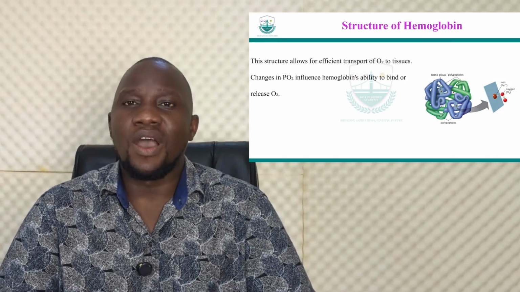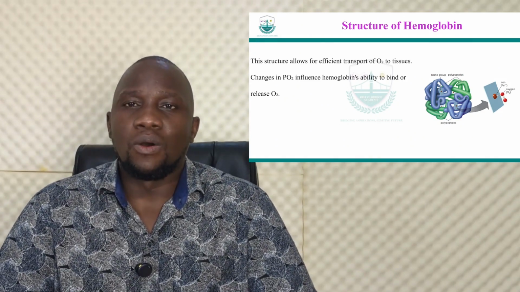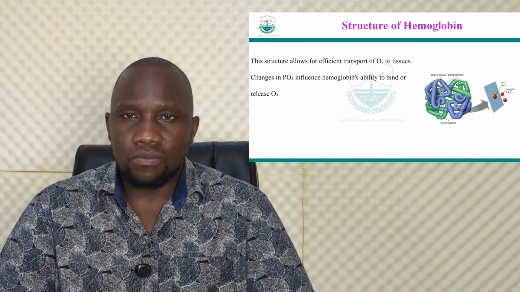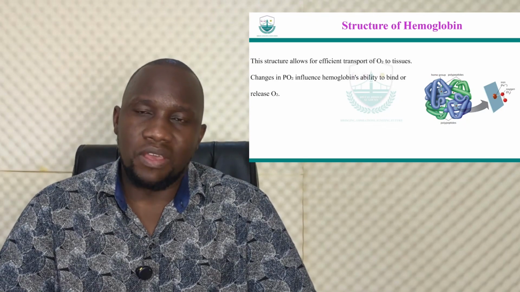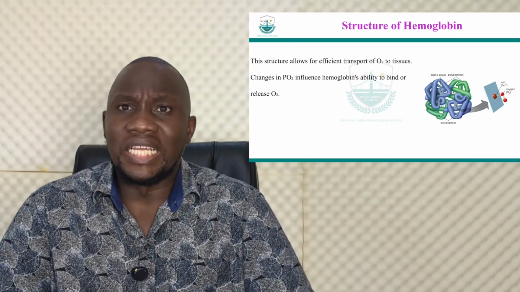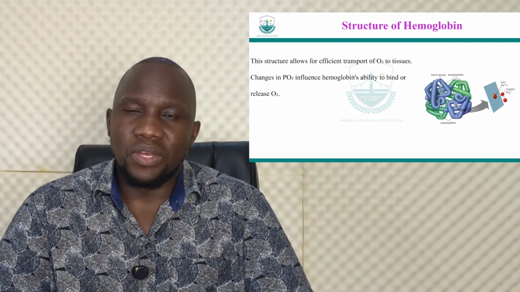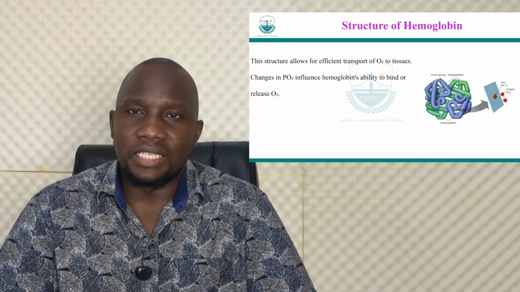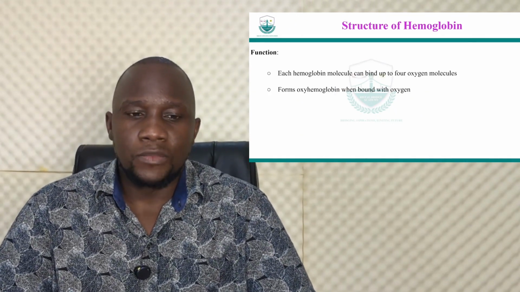So that means that where you have higher partial pressures of oxygen, then hemoglobin is not going to release that oxygen. But where you have low partial pressure for oxygen, then you're going to have hemoglobin releasing that oxygen.